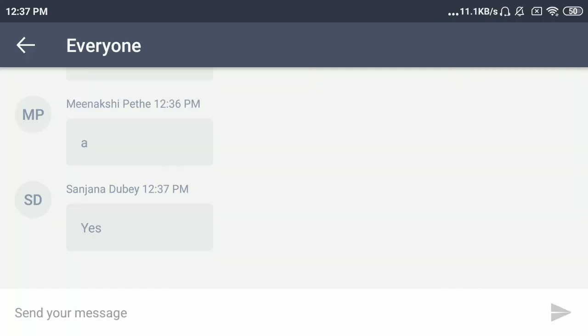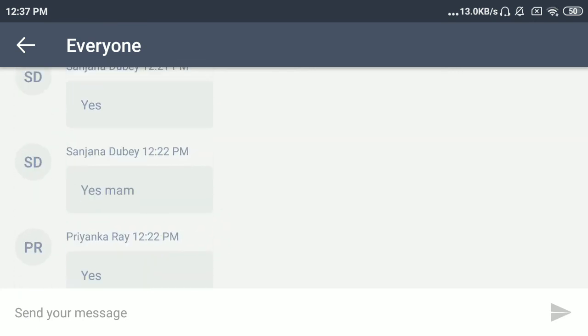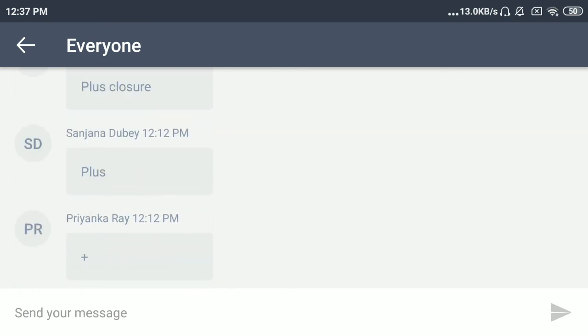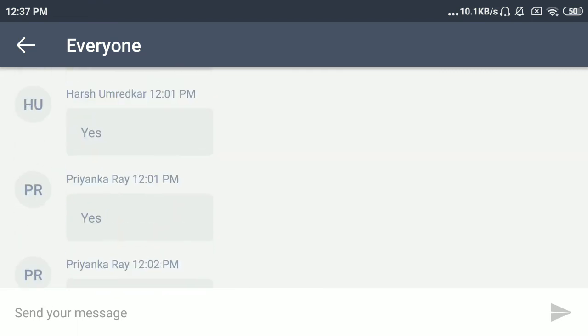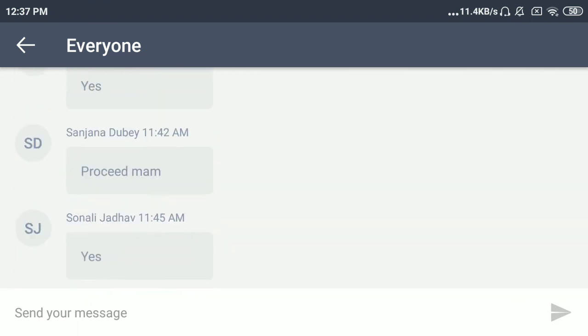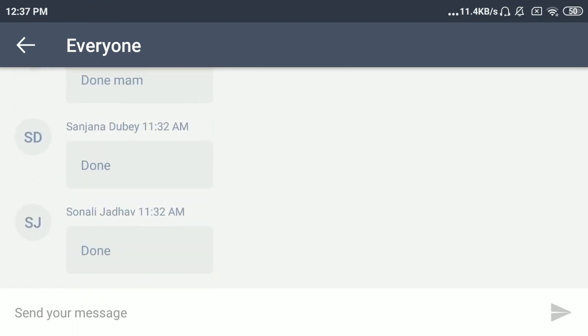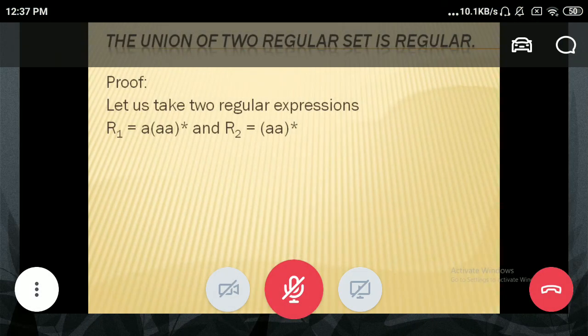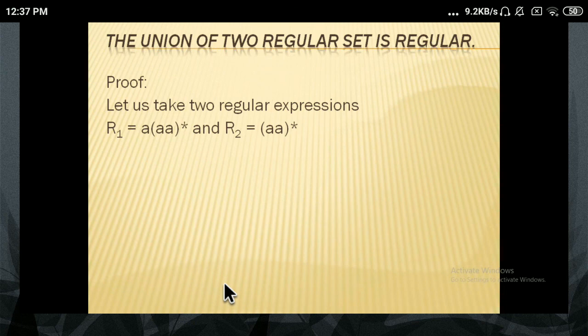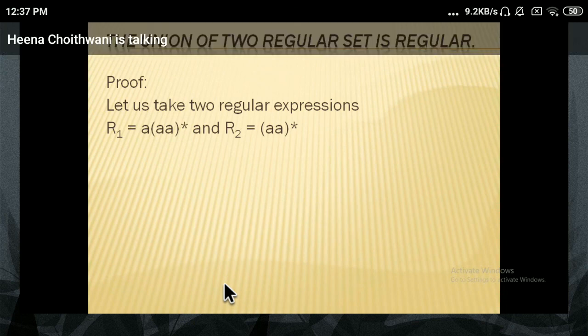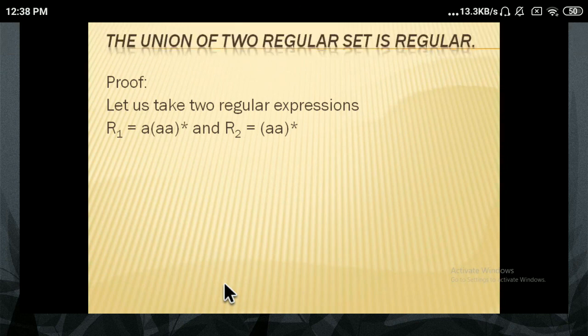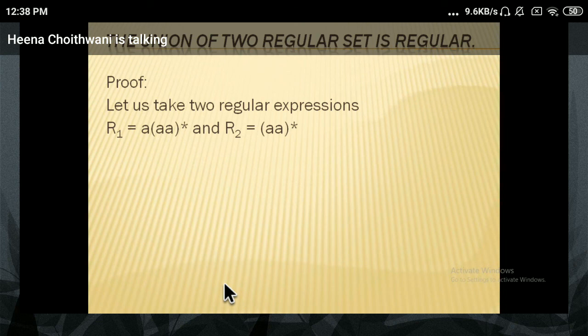So in R1, what kind of strings are you having? You told me one string, that is A, is there. What about the other strings? Tell me the second string in R1.